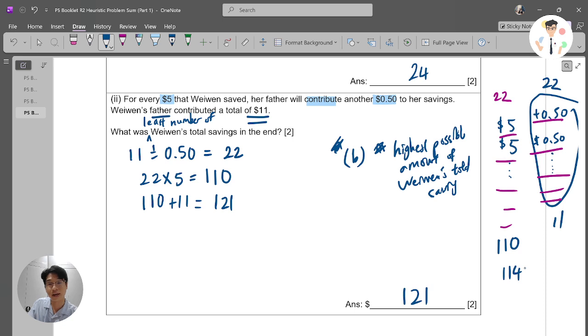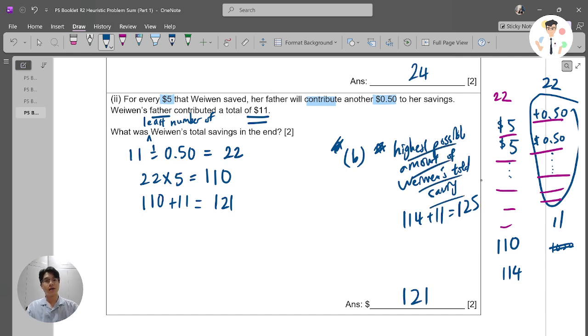Because if I reach 5, the dad will give an extra 50 cents, but as long as I don't reach 5, say I reach 4, he will not give, and it's still possible. So it's 114 plus 11, which will be 125, if this is the question.